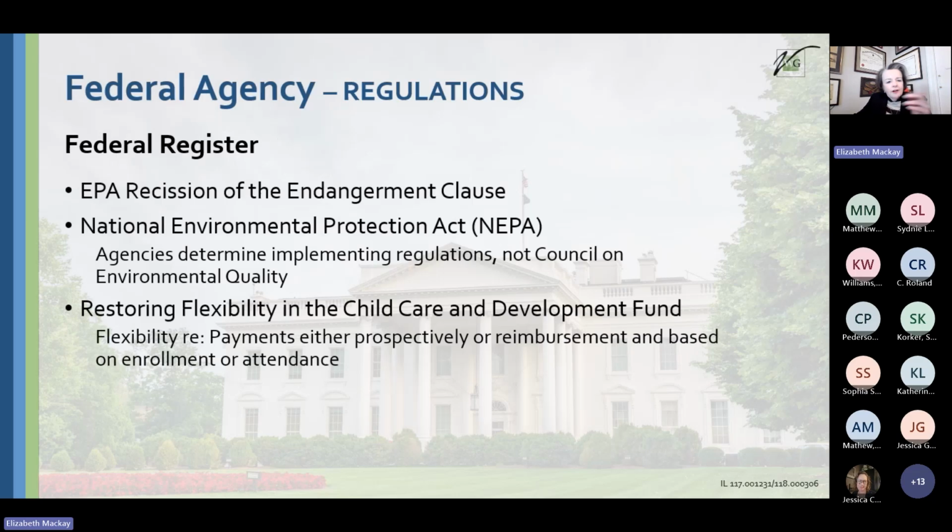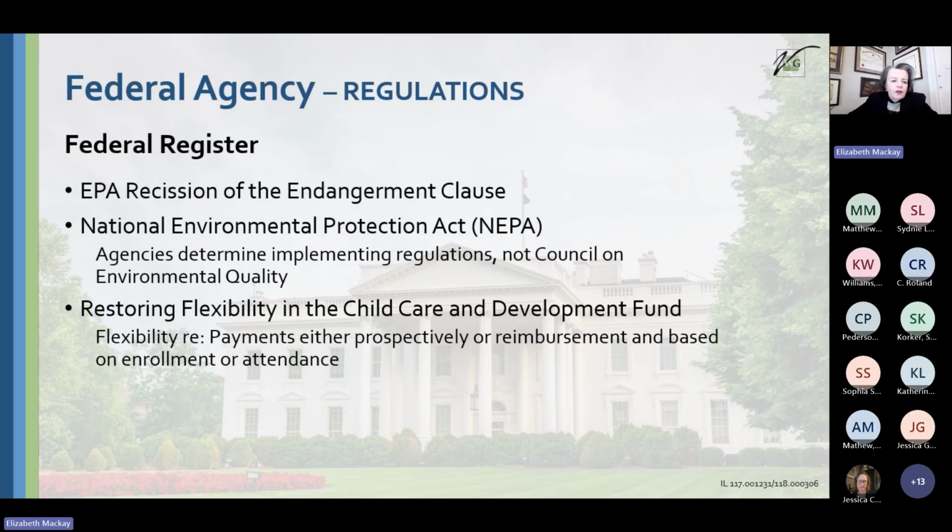Right, so let's move on from the executive branch to the federal agencies and agency rulemaking. Now, I'm sure that you've all heard about the rescission of the endangerment finding, or endangerment clause, by the Environmental Protection Agency. This was literally in the headlines last week.